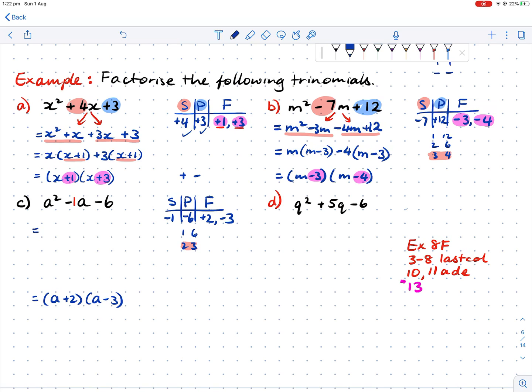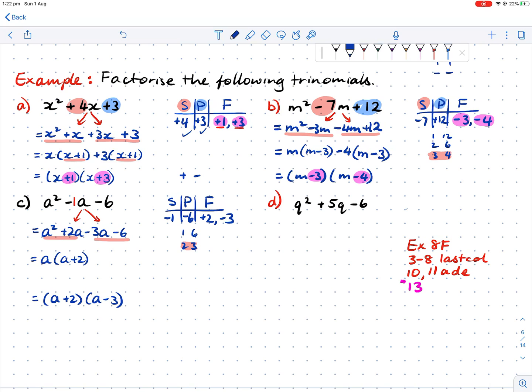Okay, so if I solve this the long way, then a squared plus 2a minus 3a minus 6. What I've done is I've split that minus a into those two terms, and then I'm going to group in pairs. So with the first two terms, we've got a as a common factor.